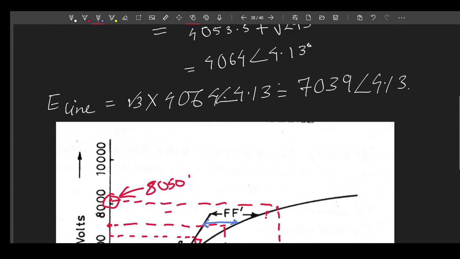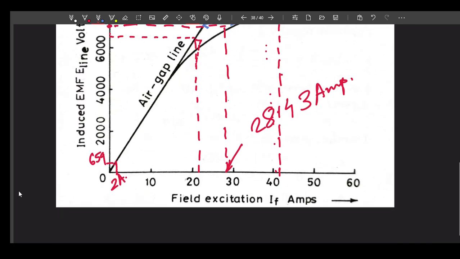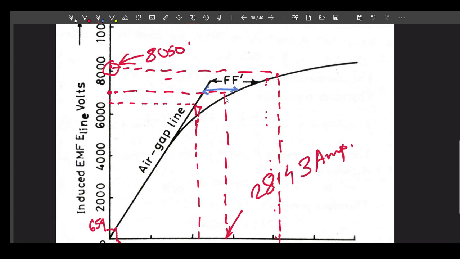So this length, approximately, as per the book, this blue color length is 6.6.